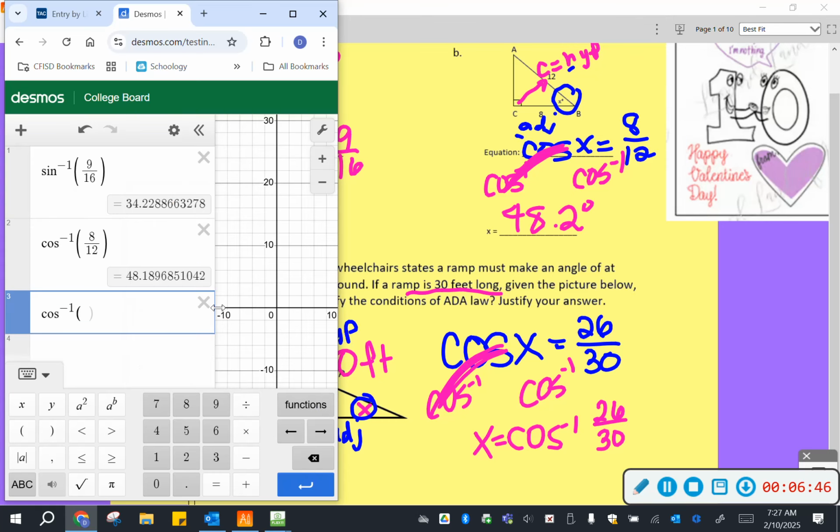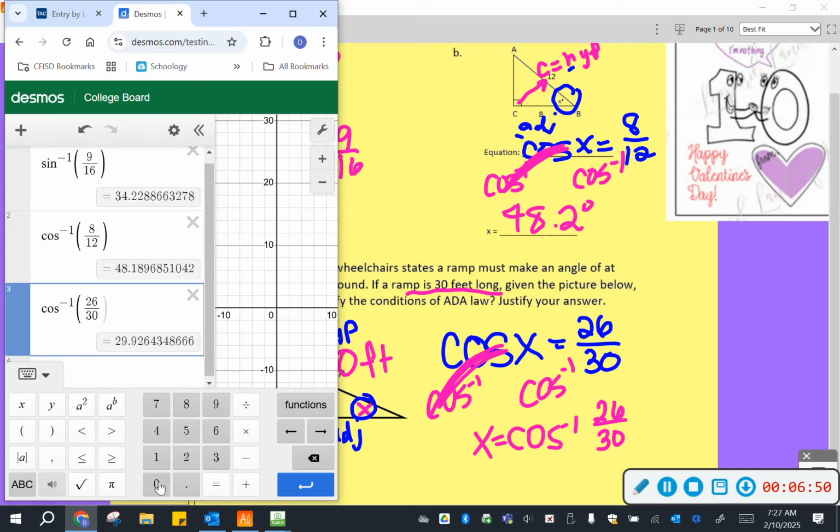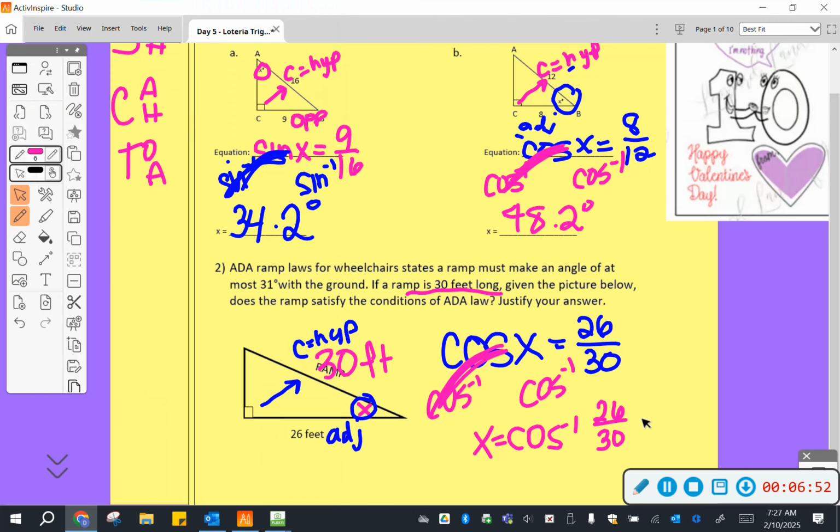For inverse, you have to hit that functions. 26 divided by 30 is, what was it? 29.9. Does this ramp follow the ADA law? Yes. Why? Because it's less than 31 degrees. This ramp is allowed. It follows the law.